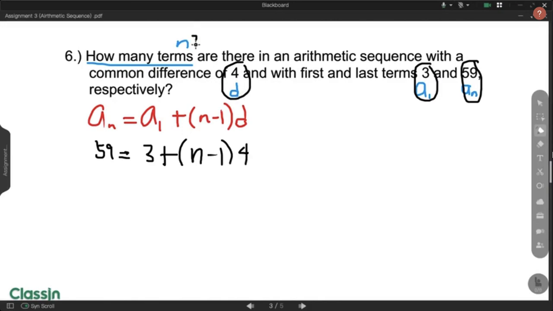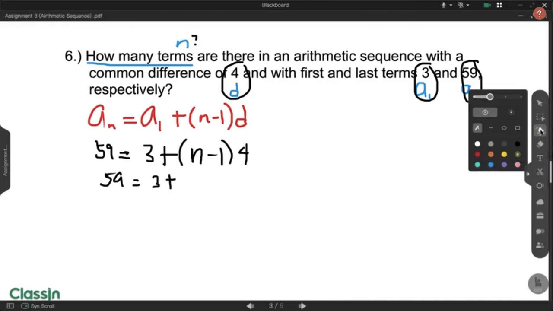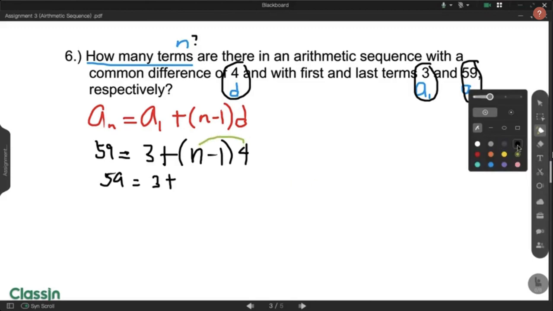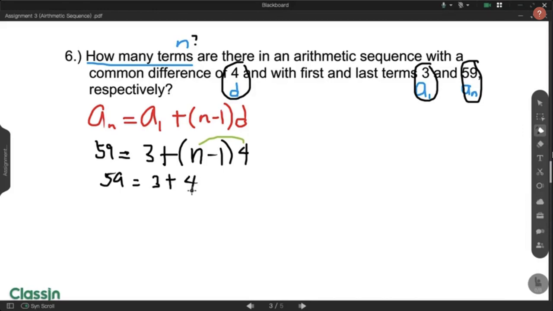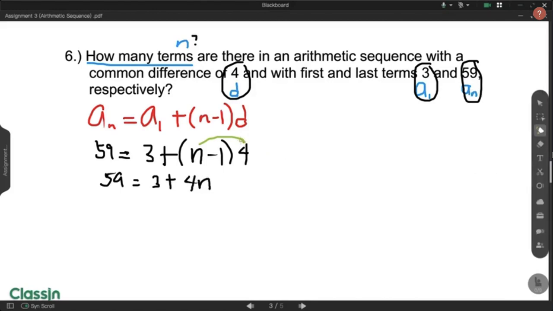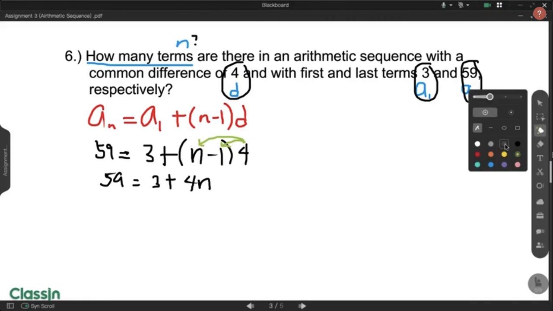So this is what we're looking for here. Simplify: we have 59 equals 3 plus, in here, let's distribute 4. 4 times n is just 4n, and then 4 times negative 1 is just negative 4.